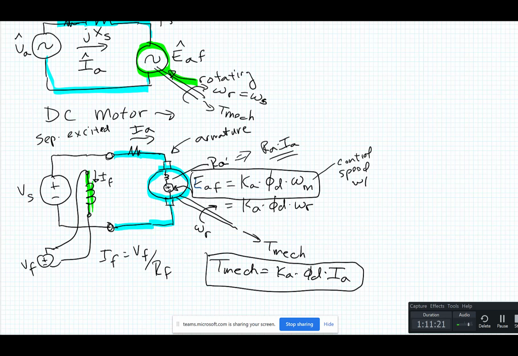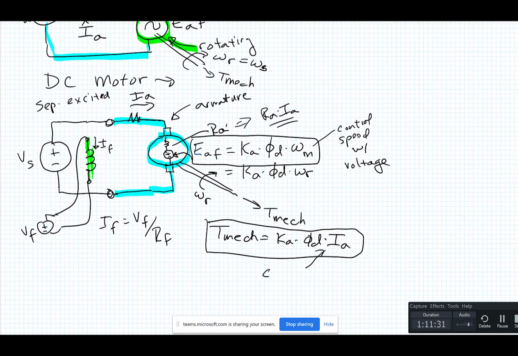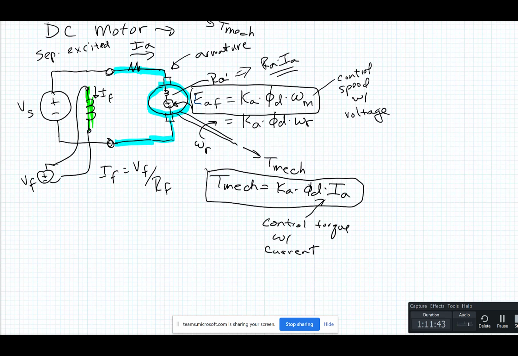You can also change the field, but we'll get to that. Change this, control the speed with voltage effectively. And you control the torque with current. Does that make sense?